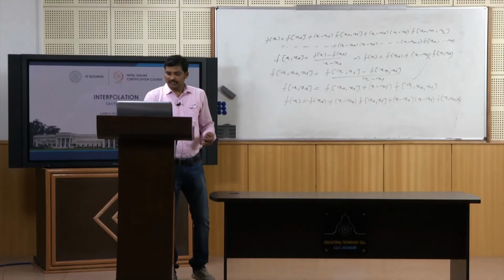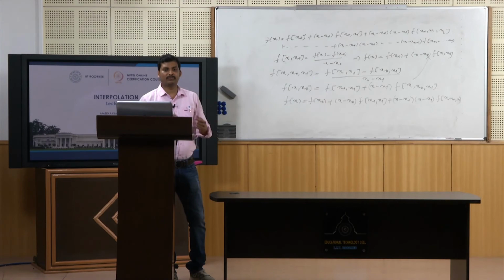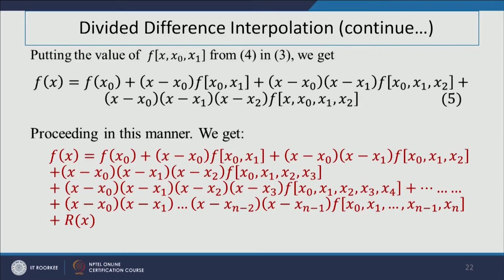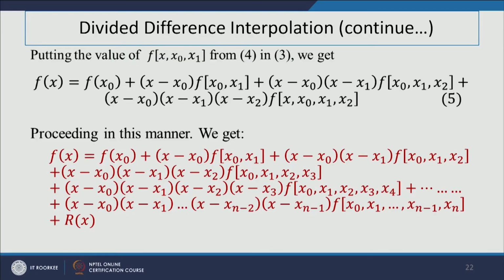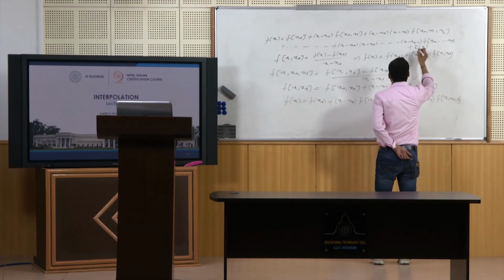So, likewise, if we add one more point, finally we obtain this formula, f of x equals f of x0 plus x minus x0 f of x0 x1 plus x minus x0 x minus x1 f of x0 x1 x2 plus up to x minus x0 x minus x1 up to x minus xn minus 1 f of x0 x1 to xn plus the term r of x, the remainder term, in this complete expansion.